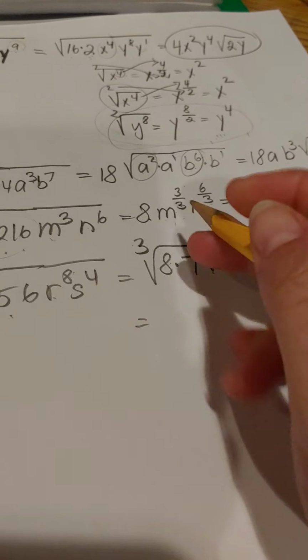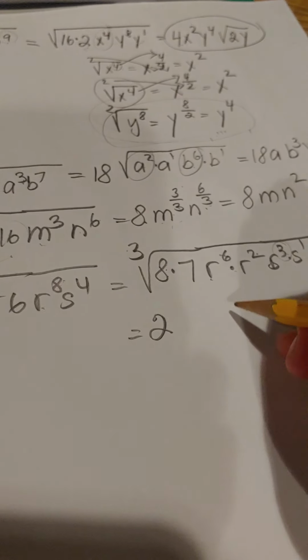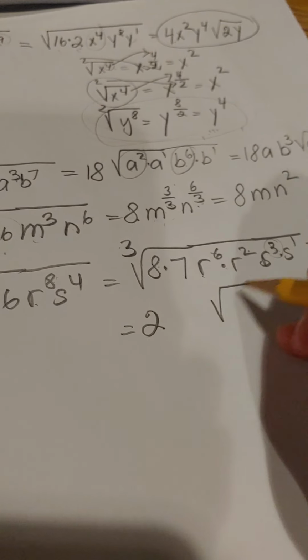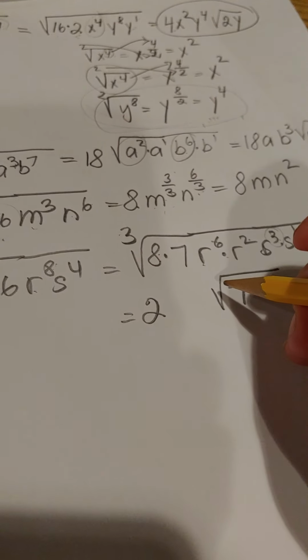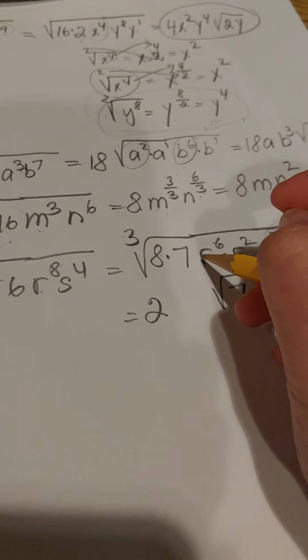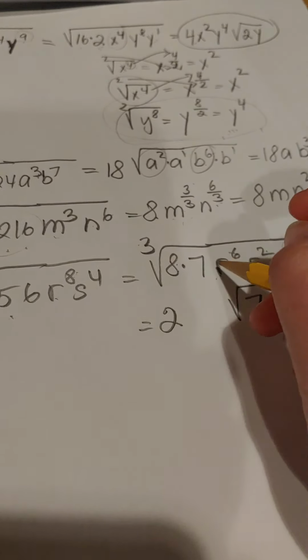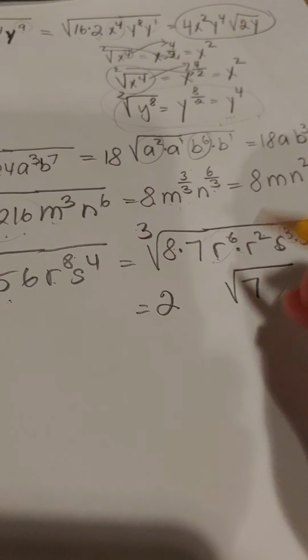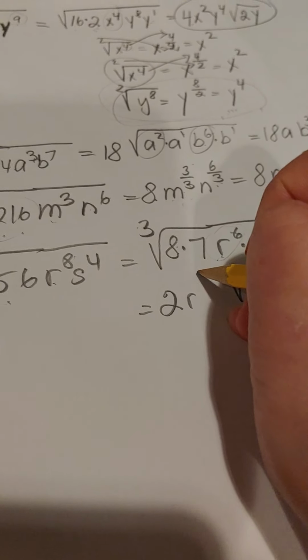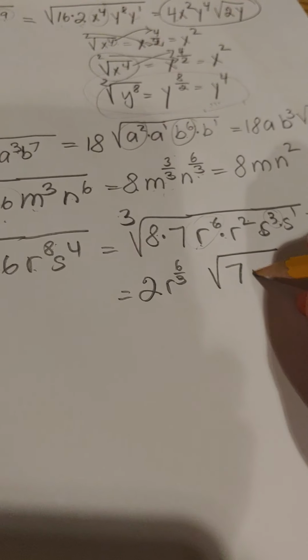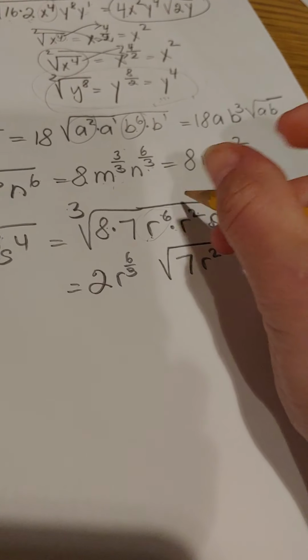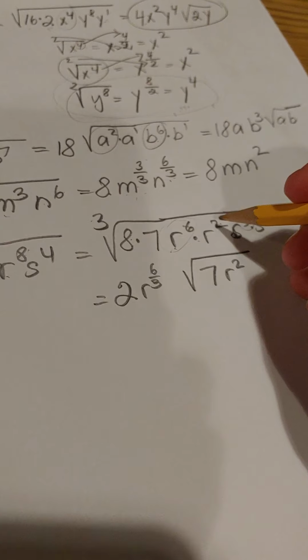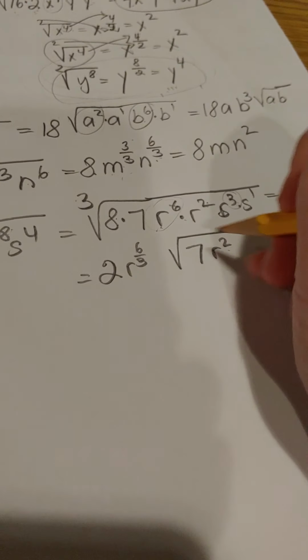So the cube root of 8 is 2. 7 is left under the cube root. Cube root of this is going to be r to the 6 over 3. R to the 2nd is left under the radical, because it's not a multiple of 3, it just stays there.